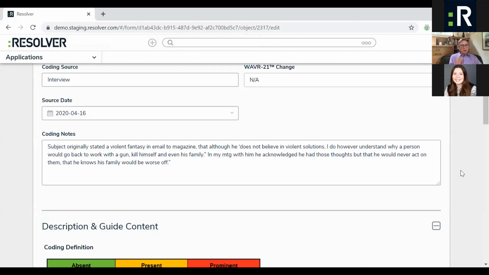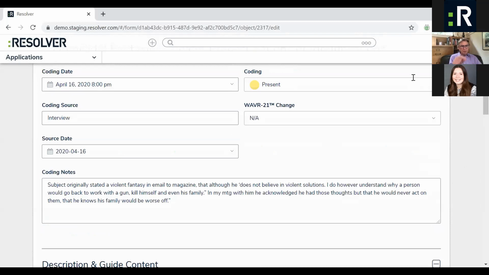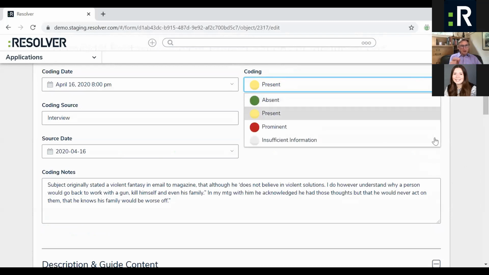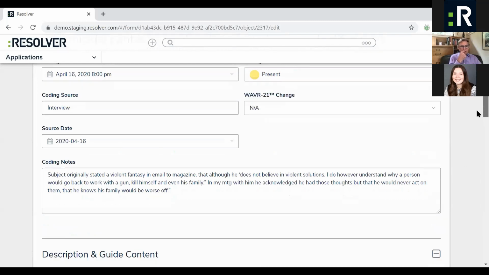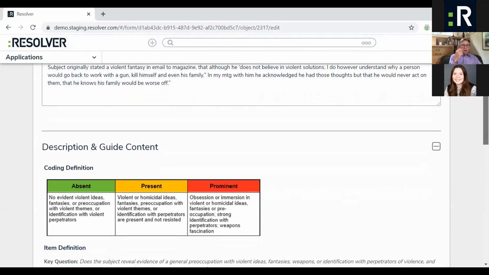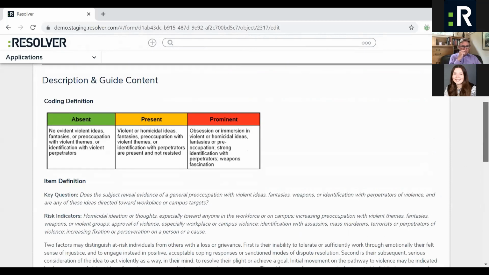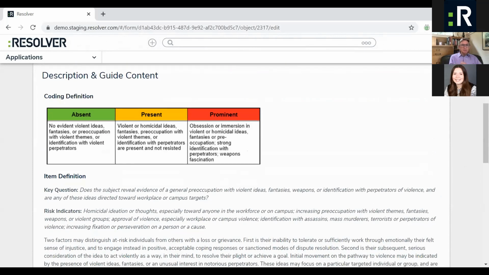Now, if we look at the coding, this is where we really get into the value of the waiver and the app. Okay, for each of the items, there is a coding definition of absent, present, or prominent. Absent means we have investigated enough, so we are very confident it is absent. It's not the same as insufficient, but it basically says there's no evident violent ideas for number 2.